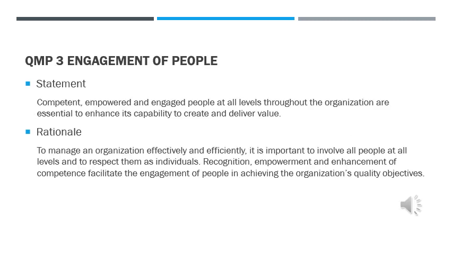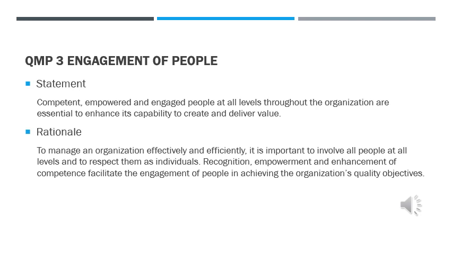The next is QMP3, which is the engagement of people. The statement of this QMP3 is that competent, empowered, and engaged people at all levels throughout the organization are essential to enhance its capability to create and deliver value.